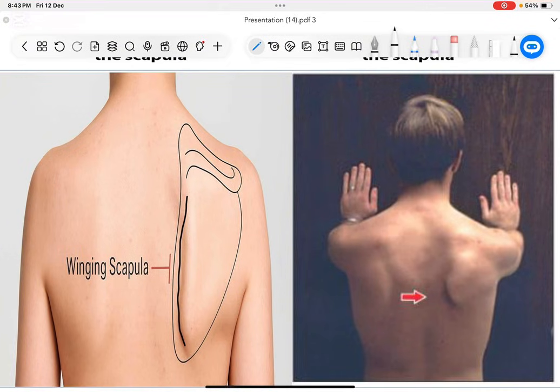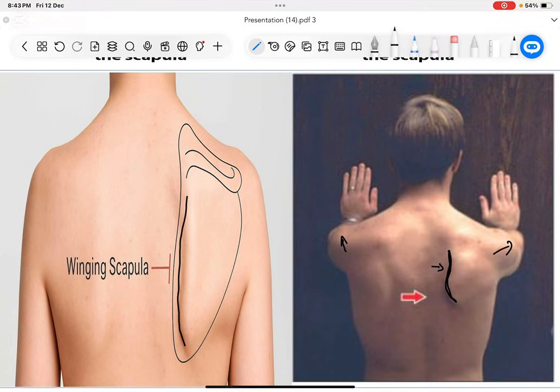Winging of scapula, if it happens when the patient is trying to push the upper limb forwards, then we can say the prominence is due to paralysis of the serratus anterior muscle and injury of the nerve to serratus anterior, or long thoracic nerve.